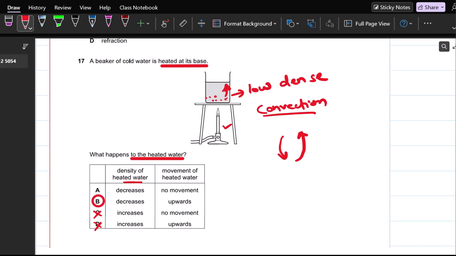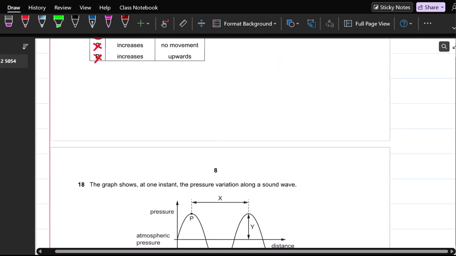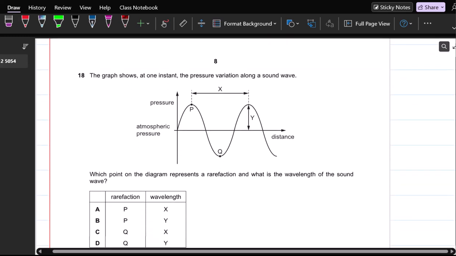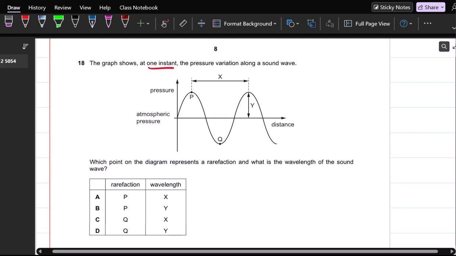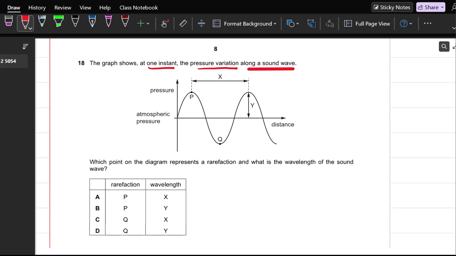So you have to keep this in mind. The graph shows at one instant the pressure variation along a sound wave. You can see atmospheric pressure is given on the vertical axis.